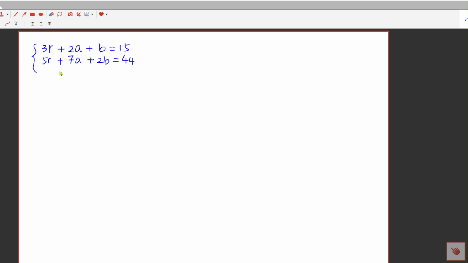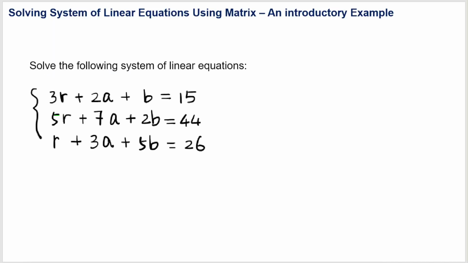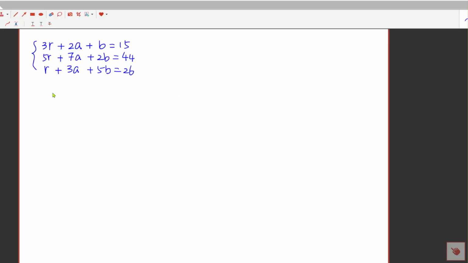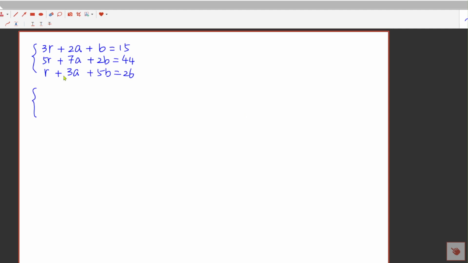Okay, and then we have r plus 3a, then plus 5b equals 26. Alright, so let's make some equivalent transformation. By equivalent, I mean for each transformation, you cannot change the solution set. So the new system will have the same solution set with the previous step.